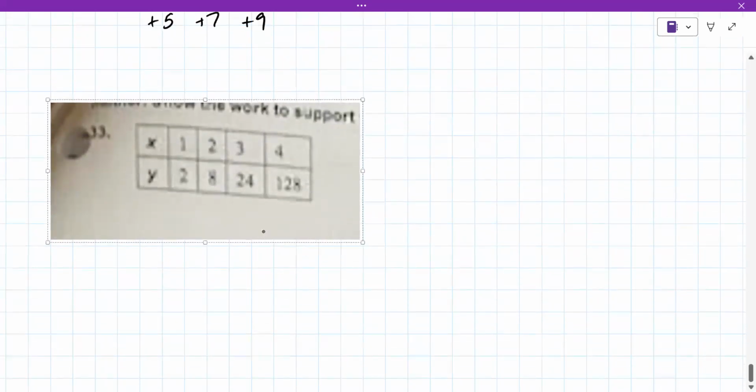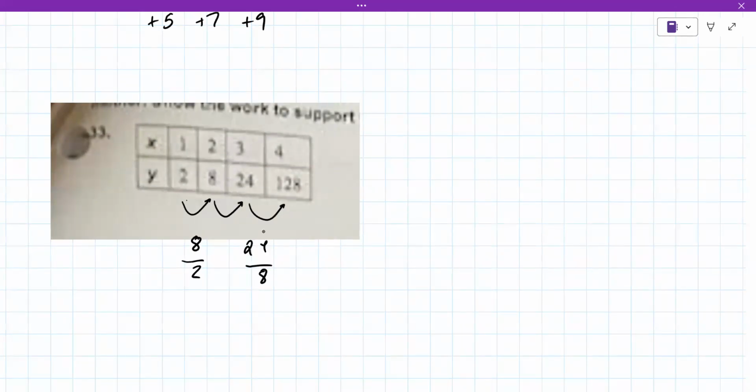Do you multiply by the same thing each time? In other words, what is 8 divided by 2? What is 24 divided by 8? What is 128 divided by 24? And are these the same?